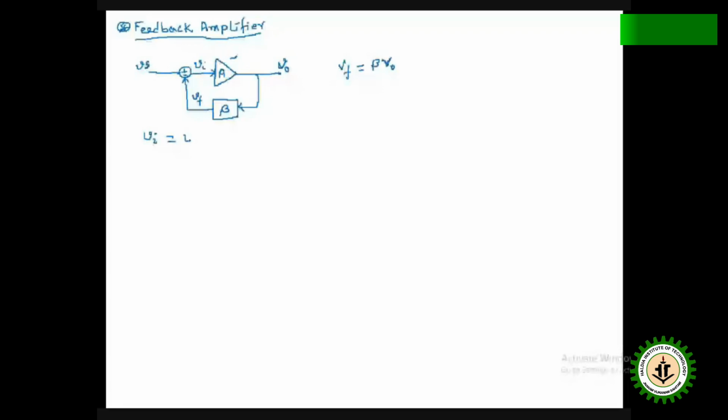If it is Vs plus Vf, or Vi is equal to Vs minus Vf, we can write Vf is equal to beta V0, and here Vs minus beta V0.